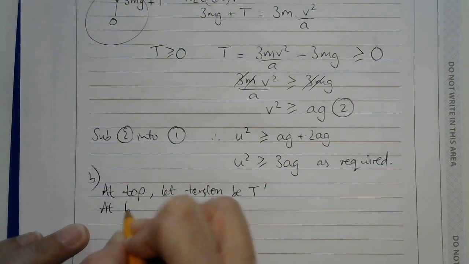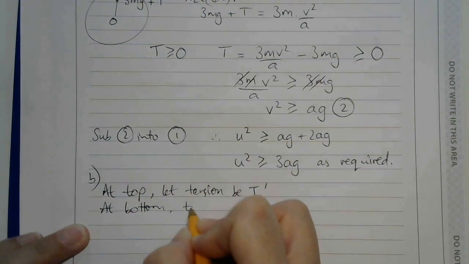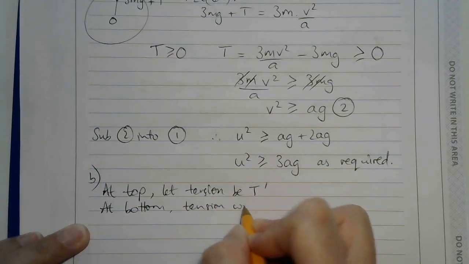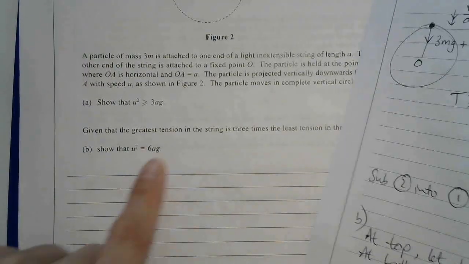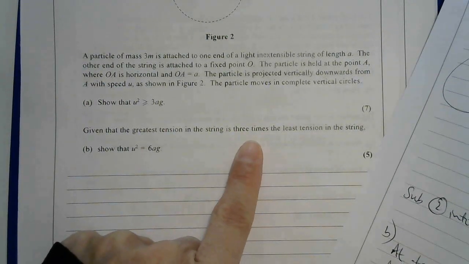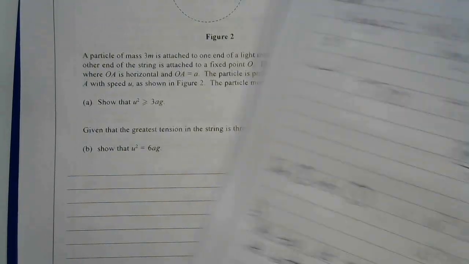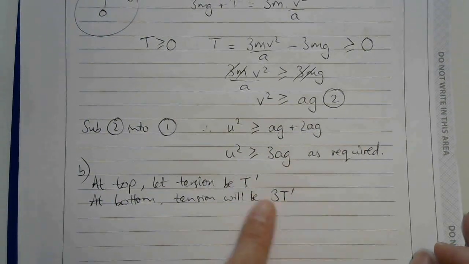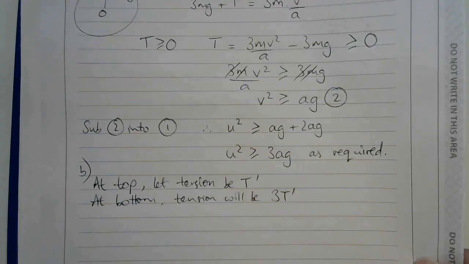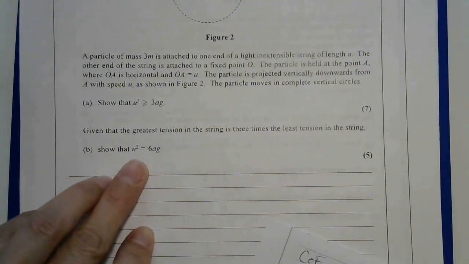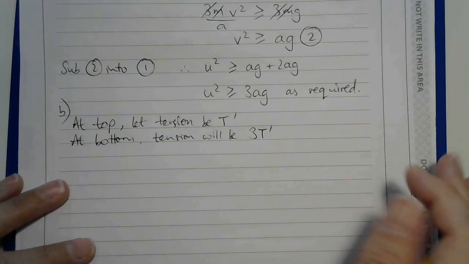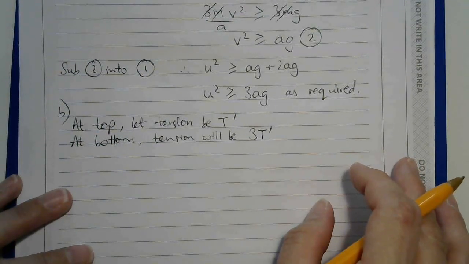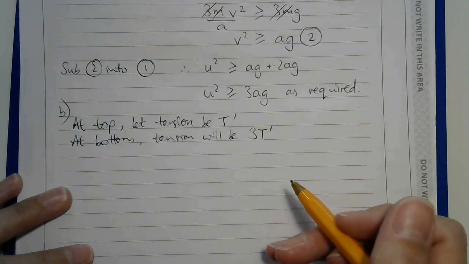So therefore at the bottom the tension will be 3T dash, and that's just putting this into these two expressions, 3T dash and T dash. Okay, and now I can see, look at these two different situations.